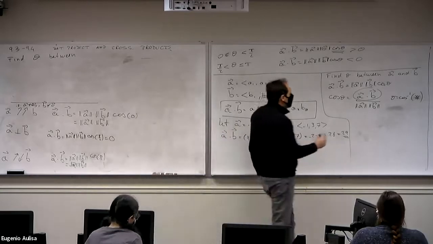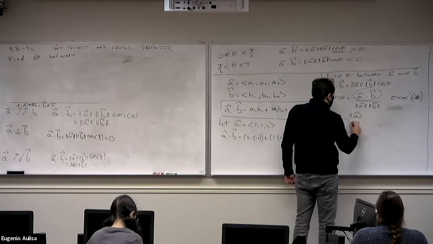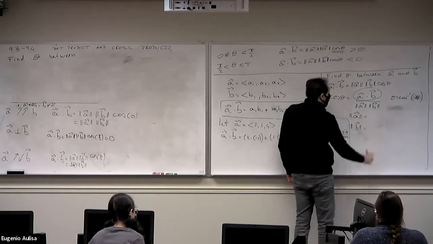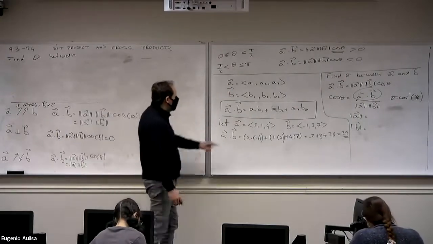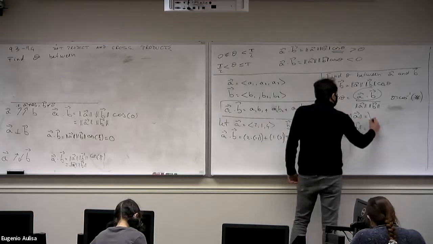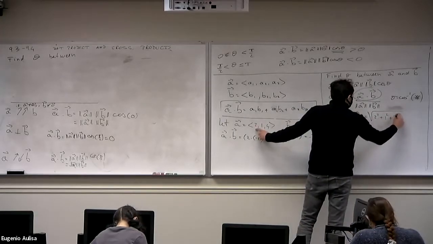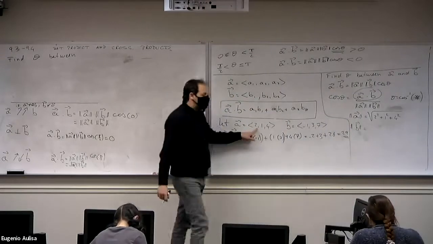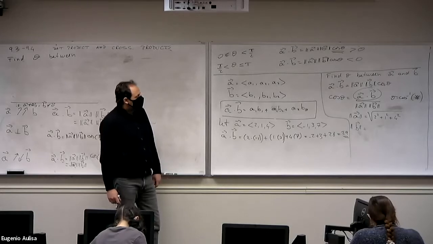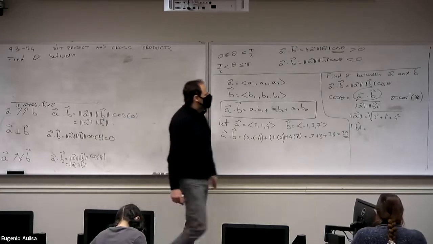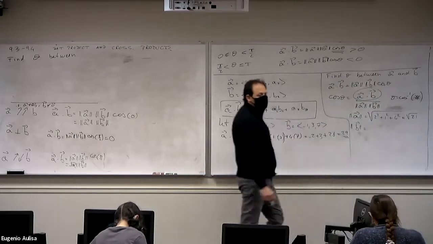We need to find the length of A and the length of B. So the length of A is going to be the square root of 2 squared plus 1 squared plus 4 squared. So it's the component squared: 4, plus 1, plus 16, that's 21. The length is the square root of 21.